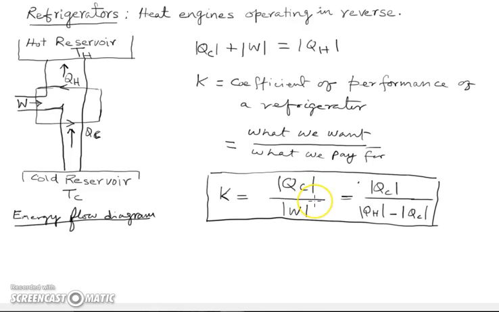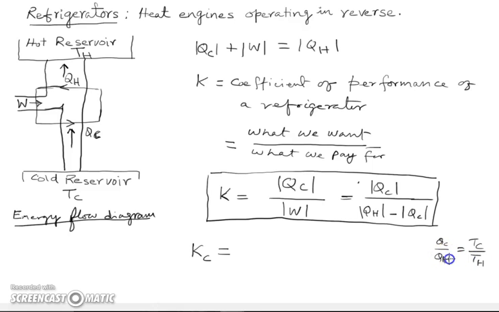Remember, this is for a real refrigerator. What happens if this is an ideal refrigerator? That means we can say KC, where C stands for Carnot refrigerator. So if this is a Carnot refrigerator, an ideal refrigerator, then we have seen before that QC over QH was nothing but TC over TH, right?